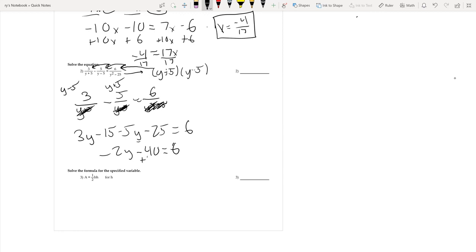Plus 40 on both sides, I get negative 2y is equal to 46. Divided by negative 2, I end up with y is equal to negative 23.